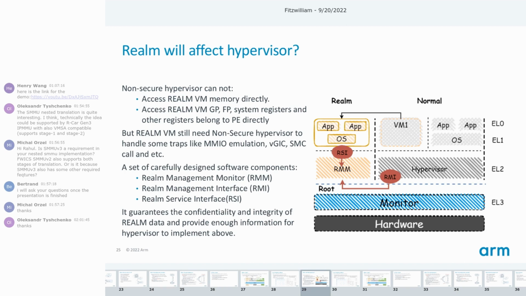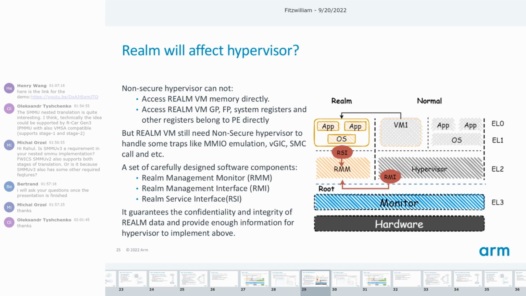But the realm VM still needs the non-secure hypervisor to handle some traps, like MMIO emulation with GIC and SMC, etc. So aside from carefully designed software components, the Realm Management Monitor (RMM), the Realm Management Interface (RMI), and the Realm Service Interface (RSI) have been brought up to guarantee the confidentiality and integrity of realm data and provide enough information for the hypervisor to implement the above. Here is an example for better understanding.